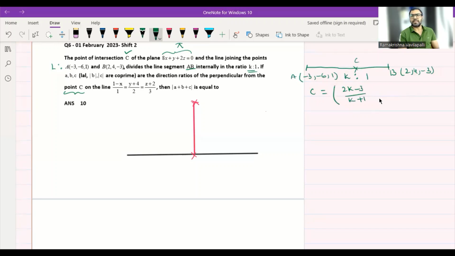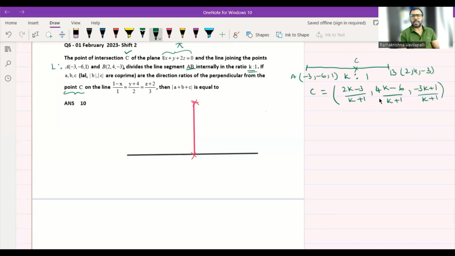We don't know whether it divides internally or externally. If K is positive, division is internal. If K is negative, division is external. So the y coordinate is (4K - 6) by (K + 1), and the z coordinate is (-3K + 1) by (K + 1).